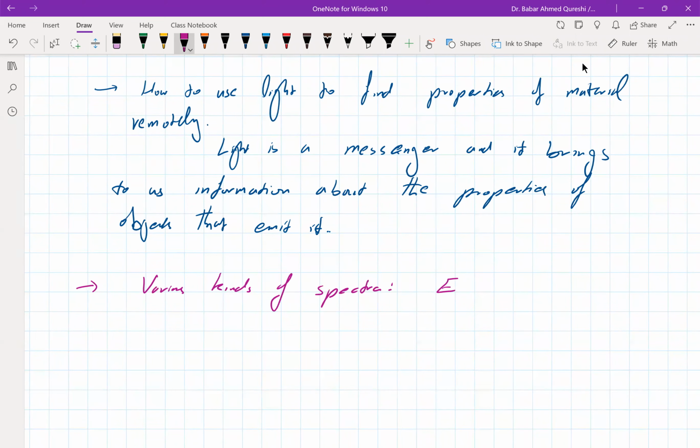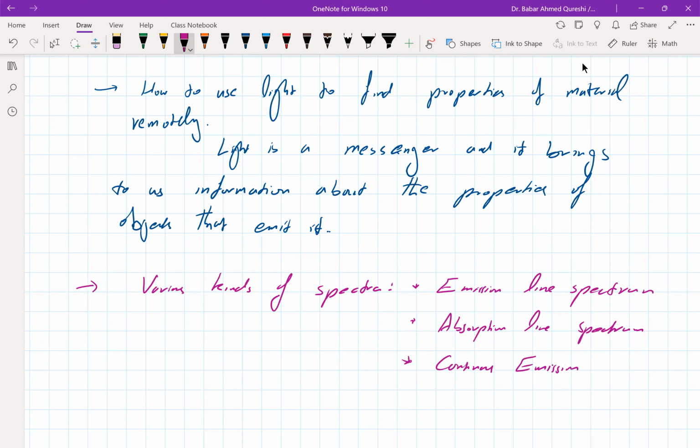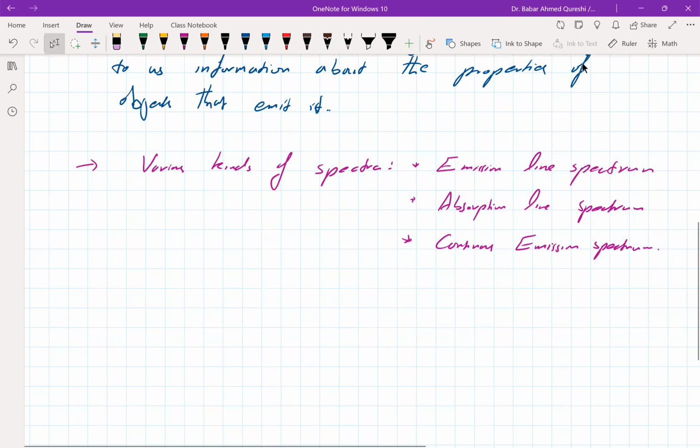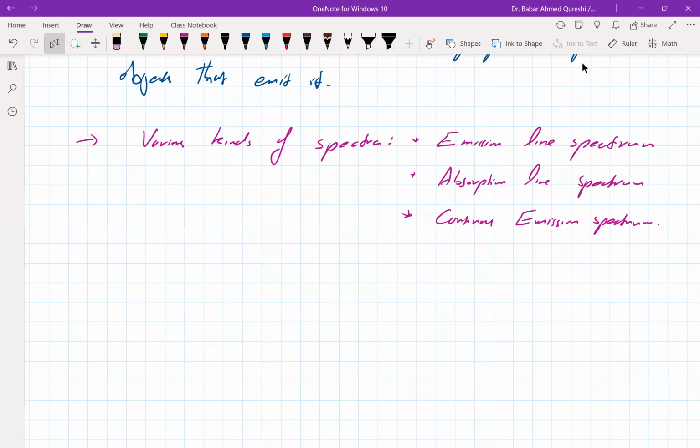Essentially, emission line spectrum, absorption line spectrum, and continuous spectrum. So these are the main kinds of light which come from objects, specifically from stars, and they have various information in them.